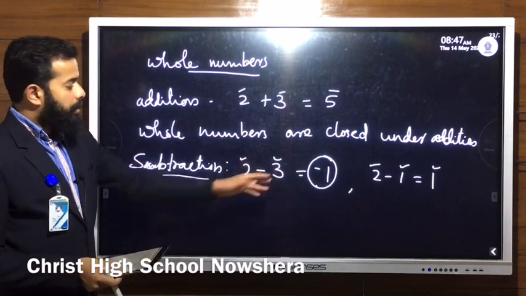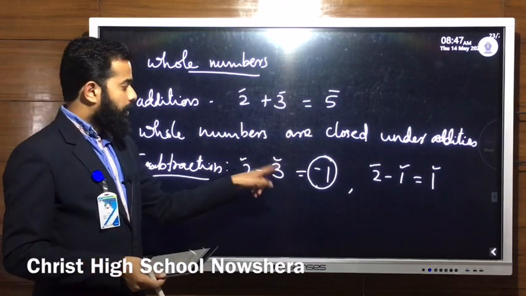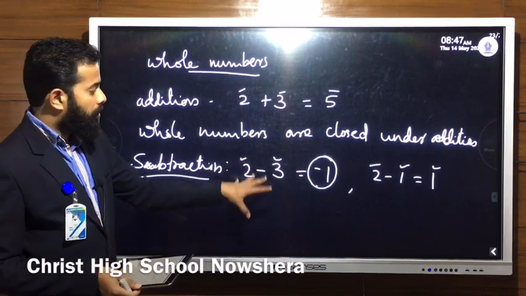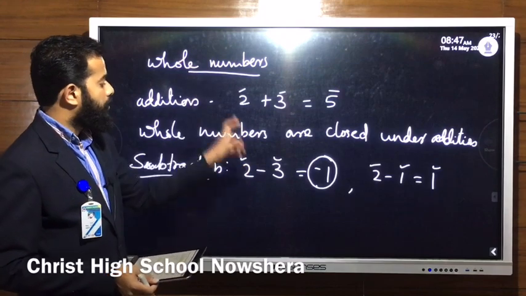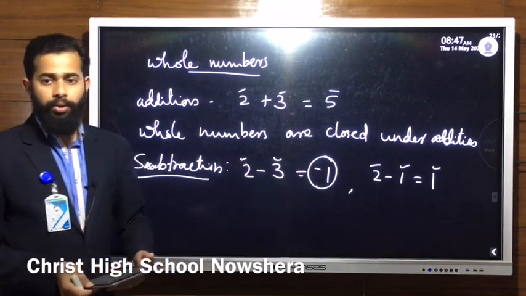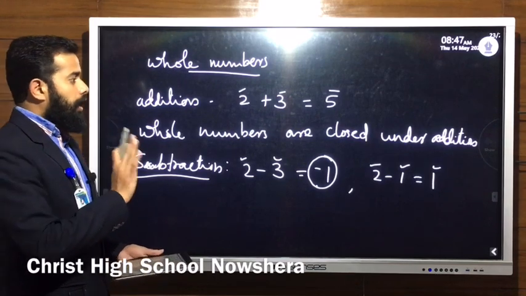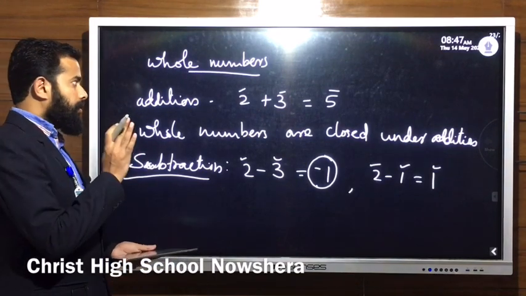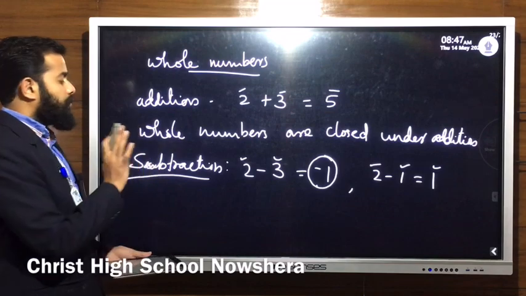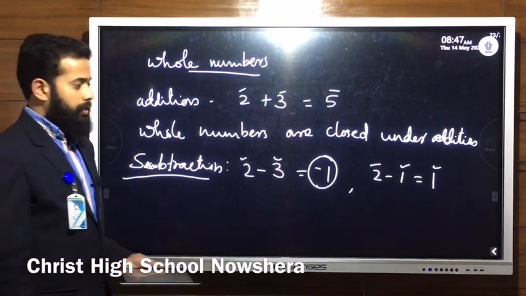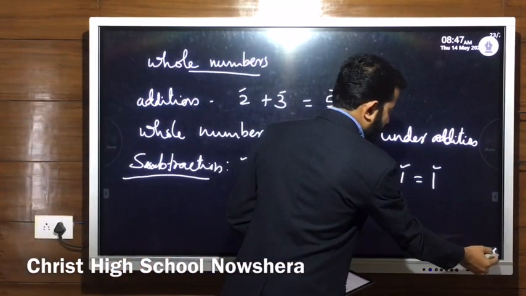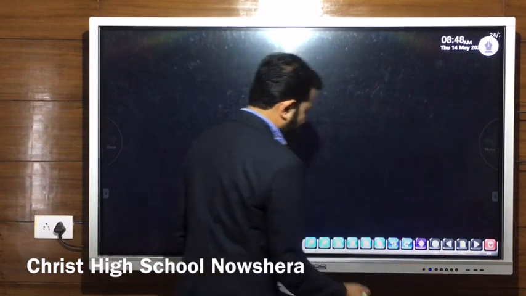One exceptional case we have seen: 2 and 3. What type of numbers are involved in that operation? Whole numbers 2 and 3, but the result is not a whole number. So whole numbers are not following the closure property under which operation? Under subtraction. Now the remaining two operations we will discuss.